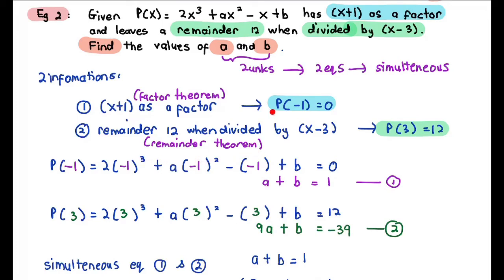Let's use p(minus 1) first. When you fill in the x here, this is equal to 0, because this is using the factor theorem. When p(c) is equal to 0, therefore x minus c is a factor. Let's see another one here. We have p(3) equal to 12. Let's exchange the x here with 3 and then make it equal to 12.